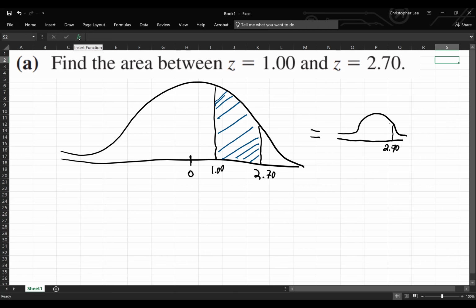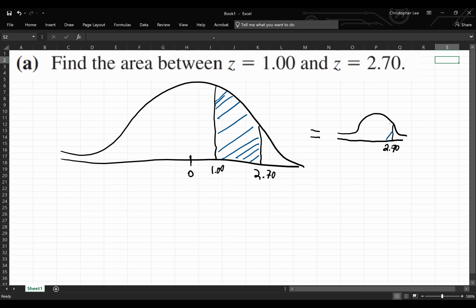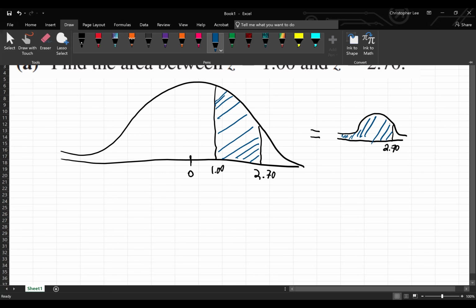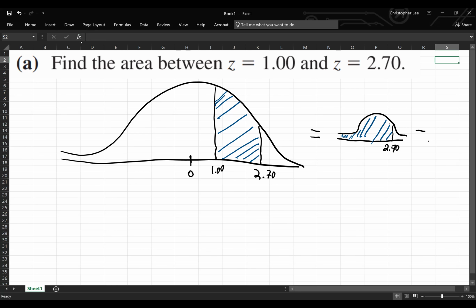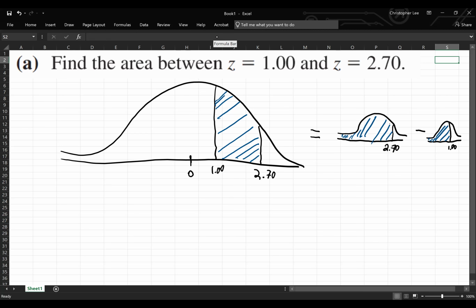I can take this area to the left, all of that, and subtract it from this other area. Let's say that's the 1.00 to the left. That's what the table is going to give me.